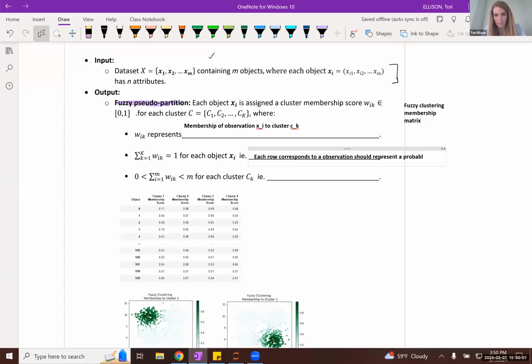And because of that, you can also think of this w_ik as representing the probability, or perhaps the extent to which the observation x_i belongs to the cluster C_k.